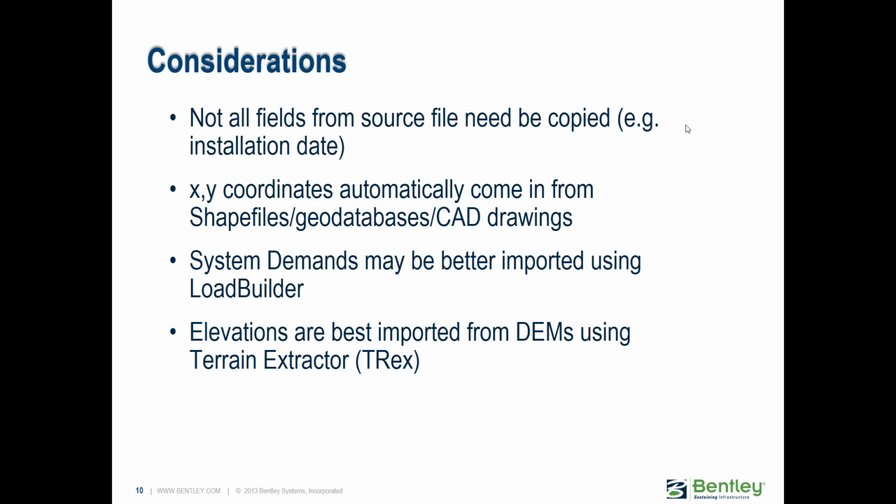So also system demands may be better imported using a tool called LoadBuilder. So you can, to some degree, map demand information from various sources using ModelBuilder. It's a little bit more complicated, and you really have to have in your data source the right format where you tie specific demand data to a specific element.